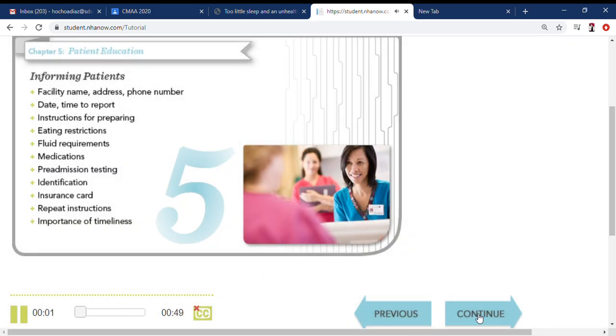Number 5. Let the patient know about the arrangements. Make sure to inform the patient of the following: name, address, and telephone number of the facility, date and time to report for the test, instructions for preparing for the test, including eating restrictions, fluid requirements, and whether the patient should take any medications, information about pre-admission testing, the need to bring a form of picture identification and insurance card to the facility on the day of the procedure, and whether the patient needs to pick up orders or whether you will forward orders to the facility in advance.